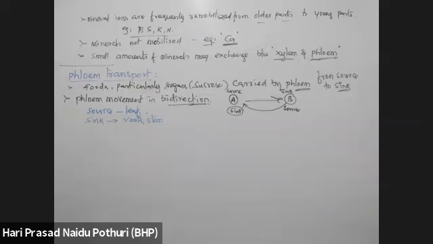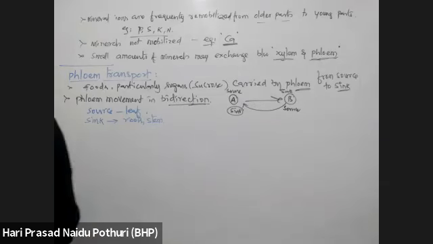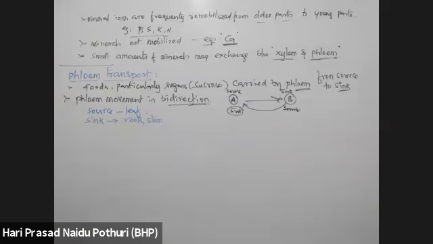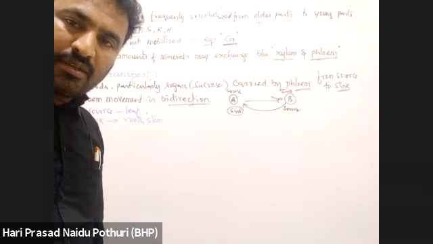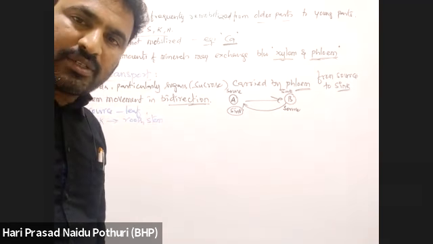Write 2 points for what I explained till now. The source and sink may be reversed based on season.